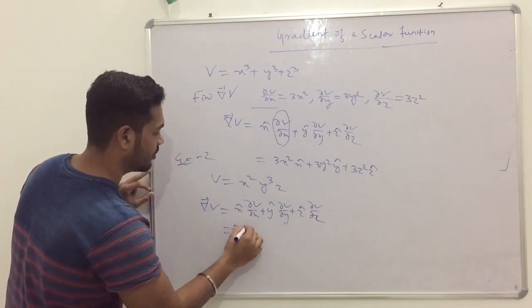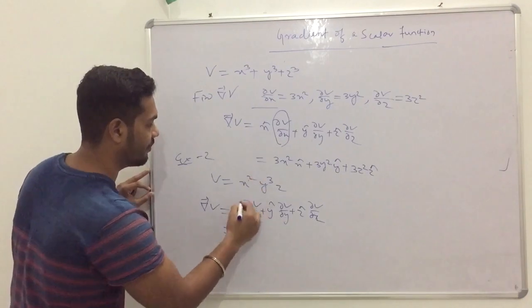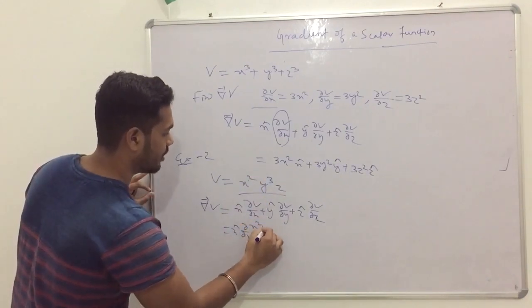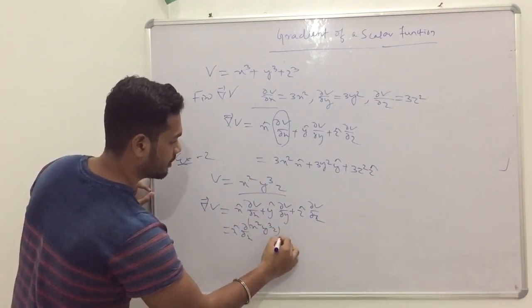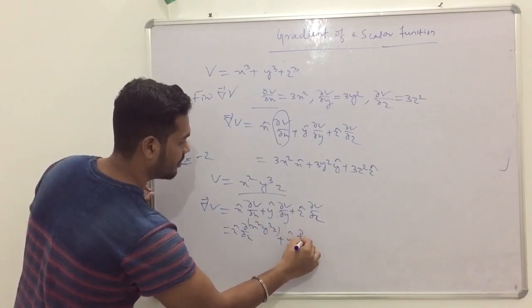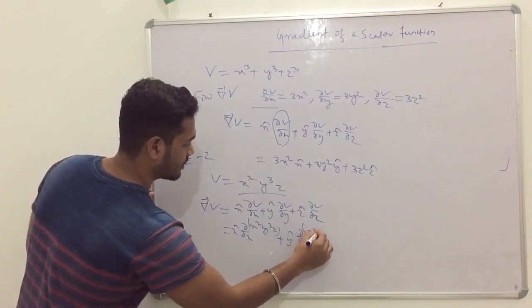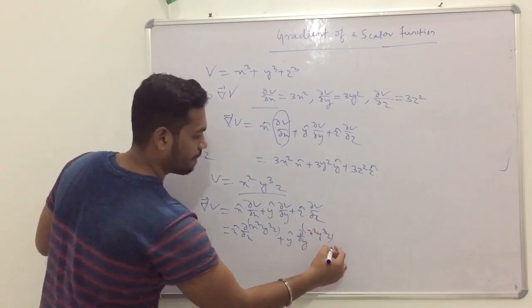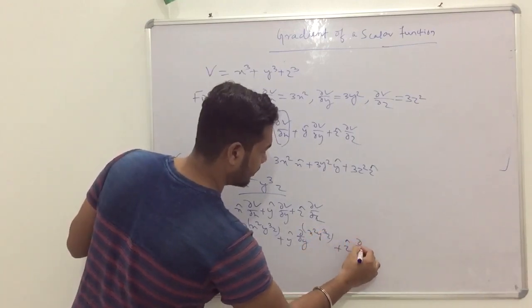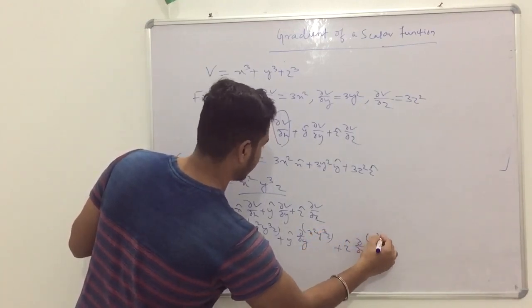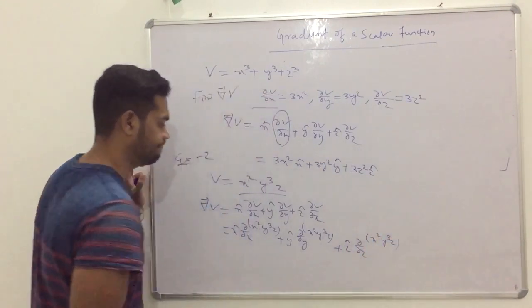So here just put del upon del x of the value of V, which is x square y cube z, plus y cap del upon del y of x square y cube z, plus z cap del upon del z of x square y cube z.